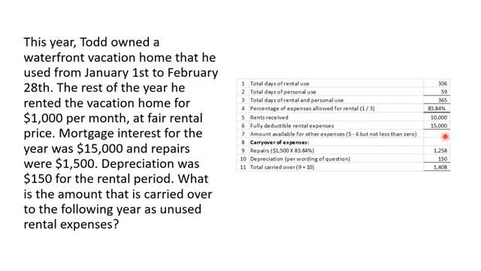However, even though we can't use the expenses, we can carry over the part that's not used. So $1,500 in repairs. The rental part of that is 83.84%, which we calculated up here. 83.84% times 1,500 means we'll carry over $1,258 of repairs. And per the wording of the question, the entirety of the depreciation is $150.